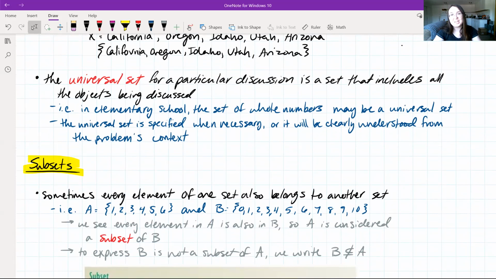So in your mind, whole numbers would be your universal set, since you don't really know about irrational numbers or integers, decimals, or anything along those lines. The universal set is specified whenever it's necessary, or it's very clearly understood from the problem's context. In no case will we be like, I have no idea what the universal set is and it's asking for it. It's either going to be very clear or specified.